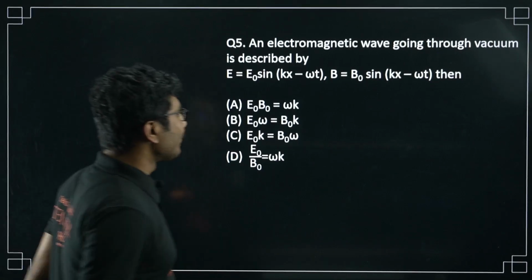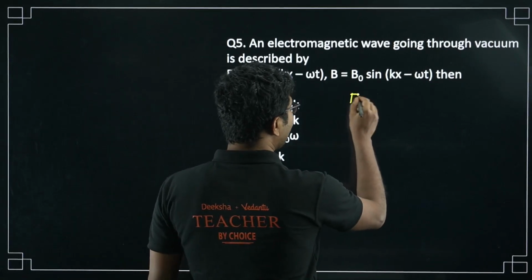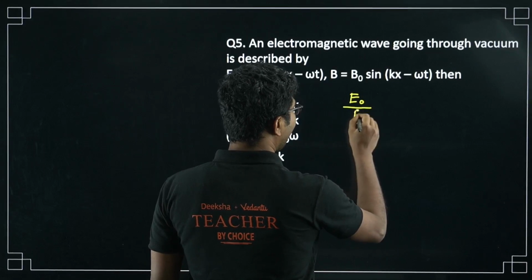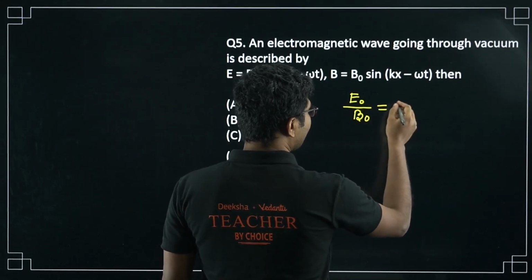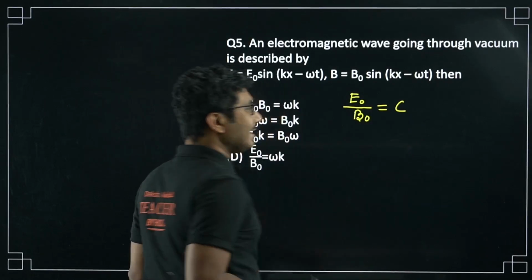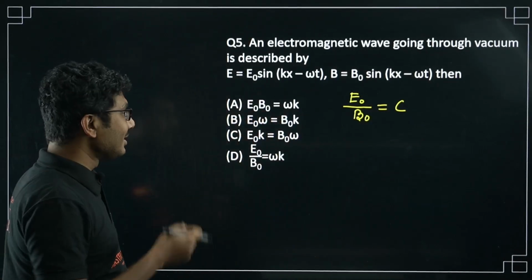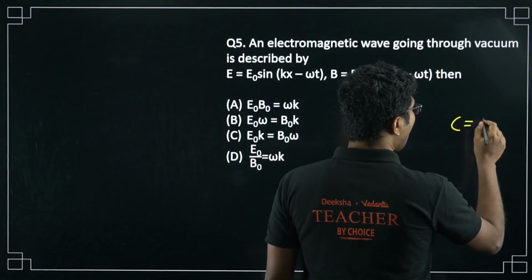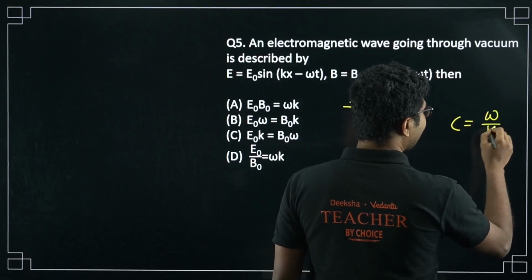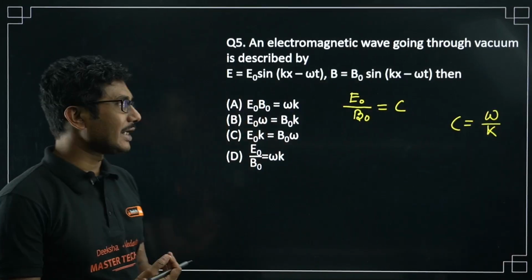Let's see. First of all, we know that E naught by B naught equals what? C, right? E naught by B naught equals C, and C equals omega by k. That is also another equation that you should remember.